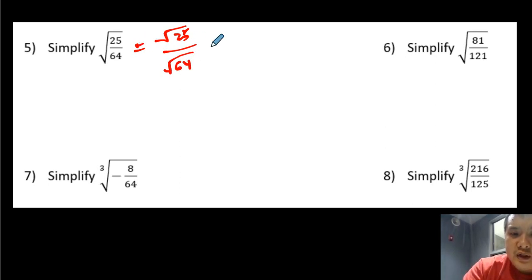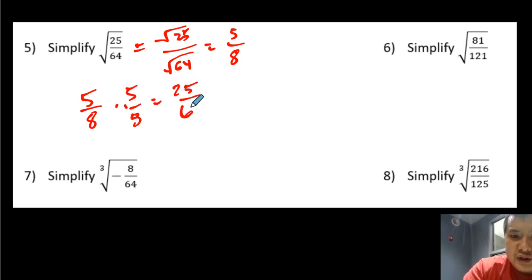And the reason for that is because we know that square root of 25 is 5, square root of 64 is 8, and we know that 5 times 5 is 25, so that's why 5/8 times 5/8 gets us 25/64. Okay. Over here, we're going to do the square root of 81 and the square root of 121, which is 9 over 11.